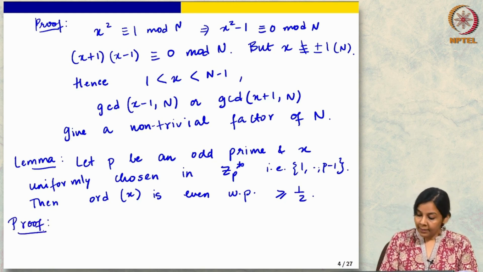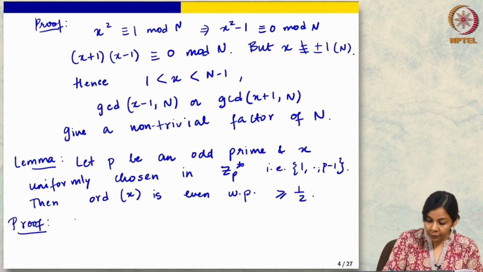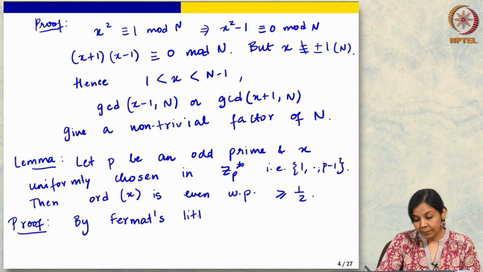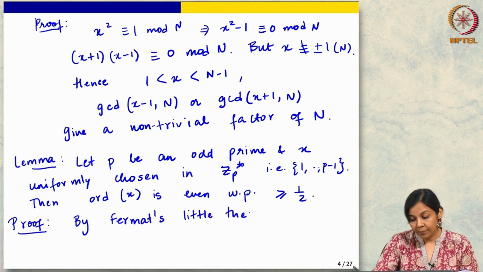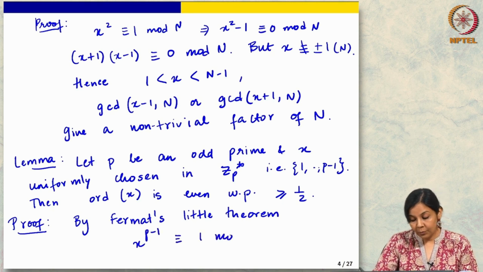So, let us prove this. The proof again will follow in quite a simple way just by using Fermat's little theorem. By Fermat's little theorem, we know that x to the p minus 1 is congruent to 1 mod p.